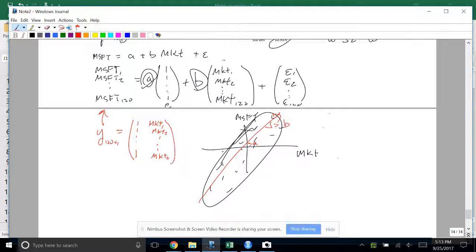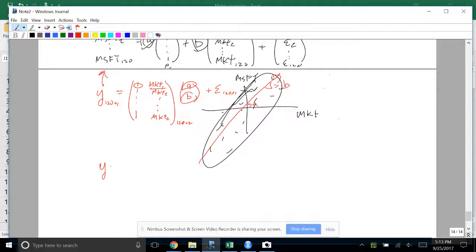And then we have a 120 by 2 matrix of coefficients of 1 and the market return values. And then we have our A and B, so 1 times A, B times that. So we get this value, plus E, 120 by 1. One thing we could write this as is y equals X, which is a 120 by 2 matrix, times A, B, plus E.